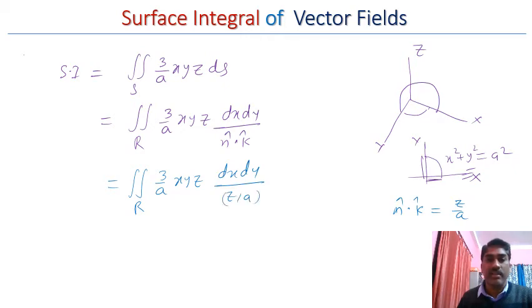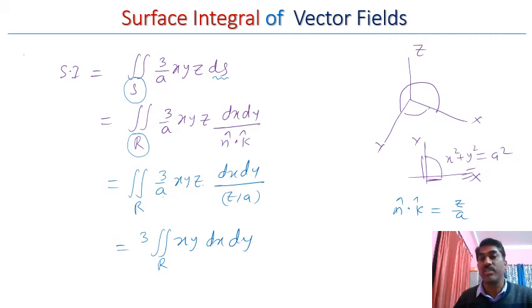You can see that z by a will cancel z by a, and we have just a double integral over the region, with the 3 taken outside. This is just xy dx dy. Mark that I have written S in the previous integral and R in this integral. Where we had ds, we were integrating over the surface of the sphere, and now we have taken the projection on the xy plane. So now the spherical surface is not in our integral. We are integrating over the surface of projection.